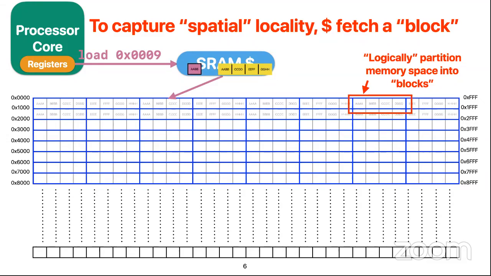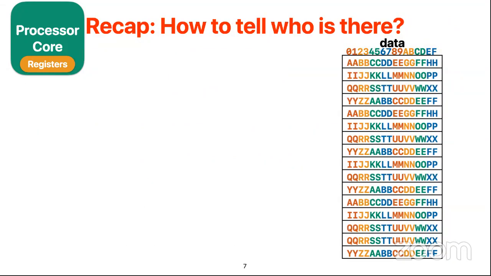Then the next time you access an item that's next to the previously accessed data, you will directly have the data within the cache, because it was already brought into the cache the last time we could not find it. So that's the basic idea of a cache in terms of how we capture spatial locality.